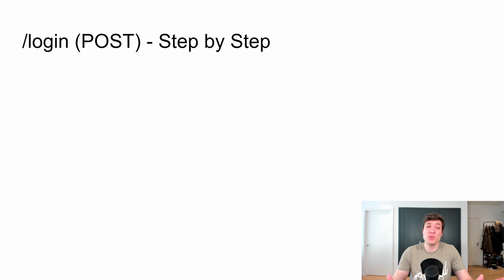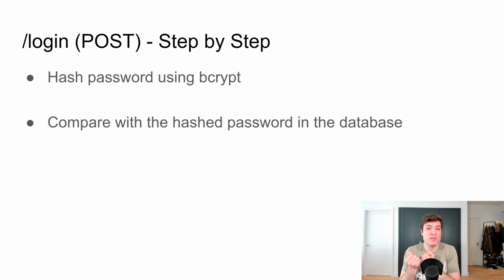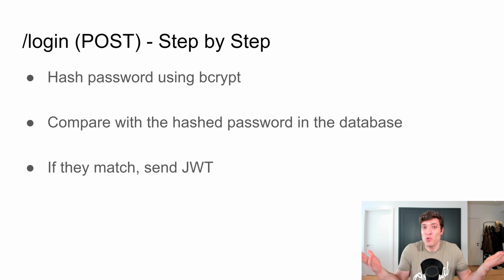The next thing we need to look for is the login. And if you understood the sign up, the login will be super similar. So when we receive the username and the password, we once again hash that password using bcrypt, and then we will compare that password with our database password. If they are the same, it means that the user is who they say they are.